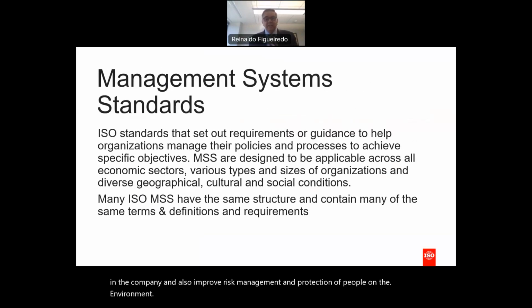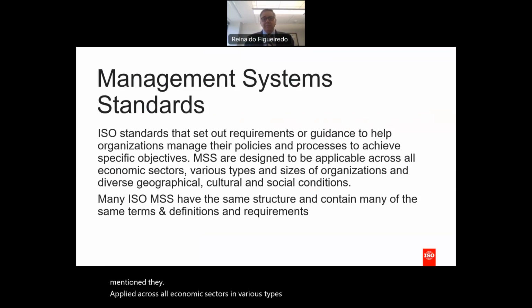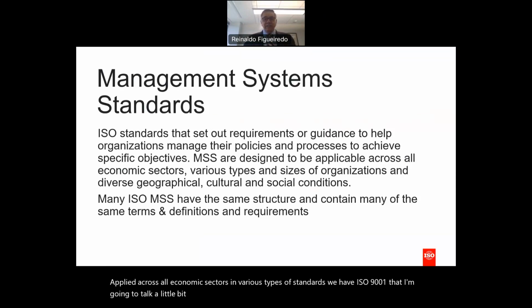Management system standards: ISO has many standards related to management systems. As I mentioned, they apply across all economic sectors in various types of standards. We have ISO 9001, which I'm going to talk a little bit more about. We have ISO 26000, the social responsibility standard.